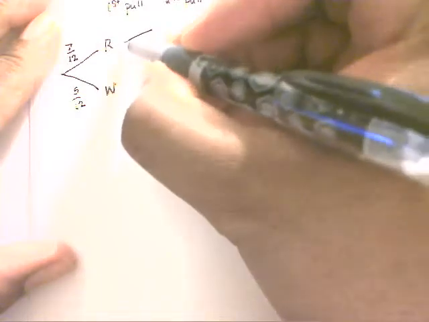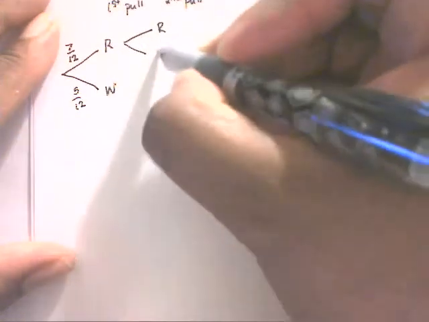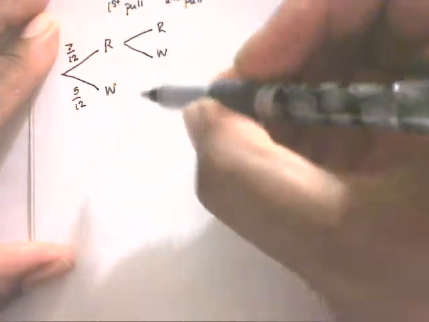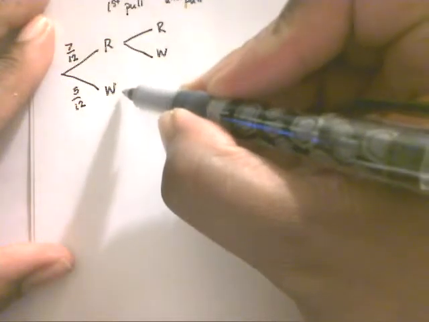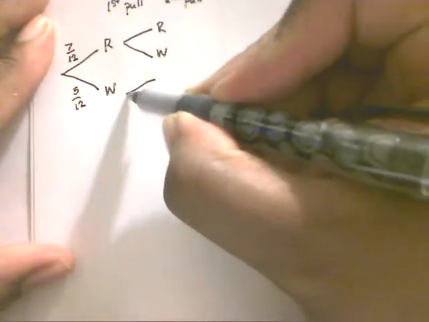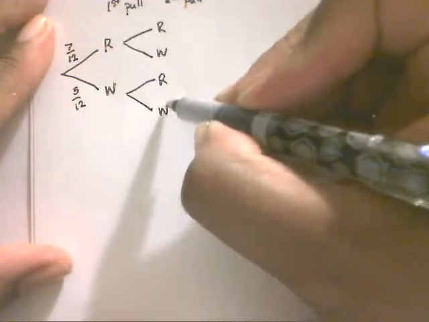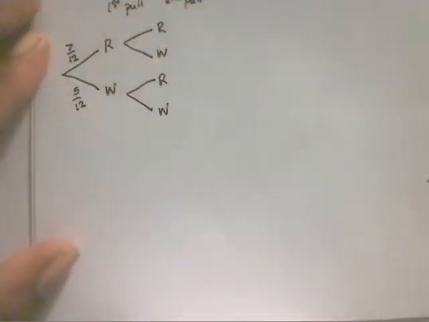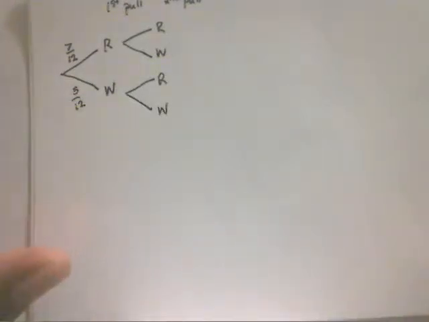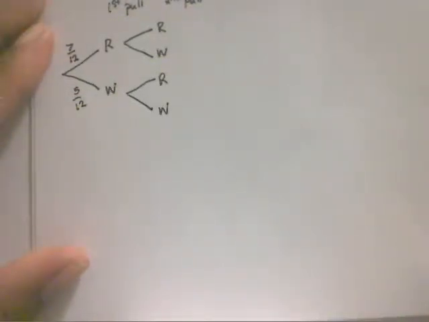So here on the second pull, you're going to pull either a red gumball or a white gumball if the red gumball was first drawn out, or if the white gumball was pulled out first, you're either going to select on the second pull a red gumball or a white gumball. Okay, but on the second pull, there's only going to be 11.